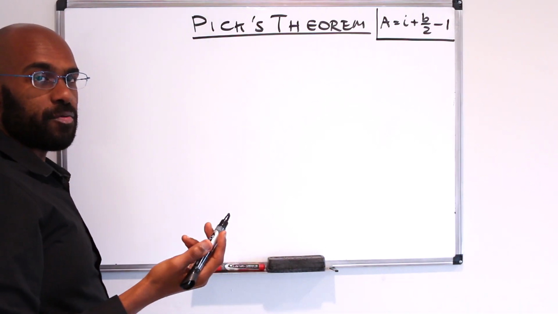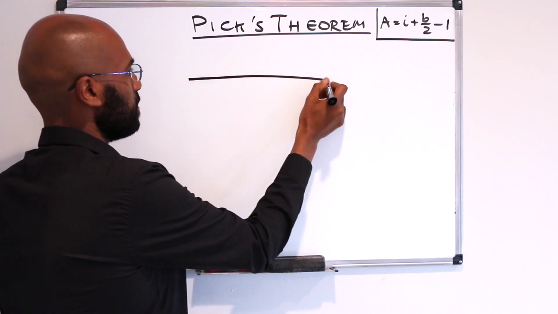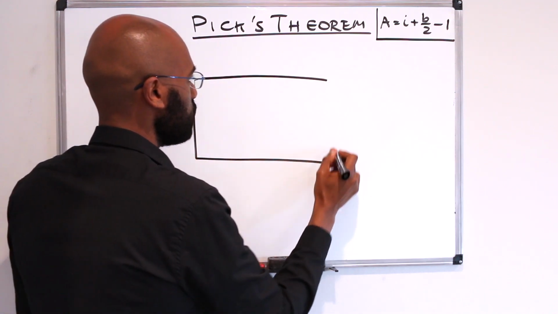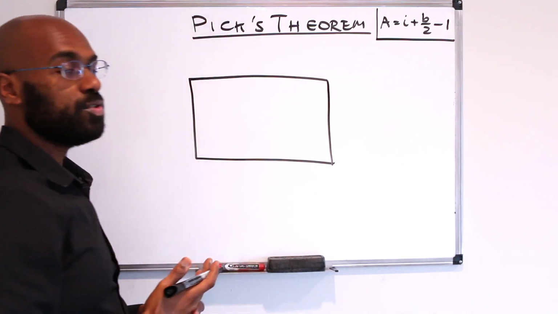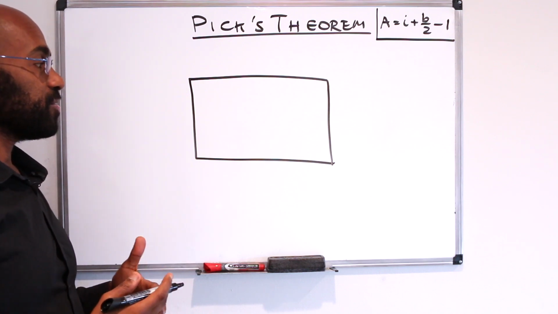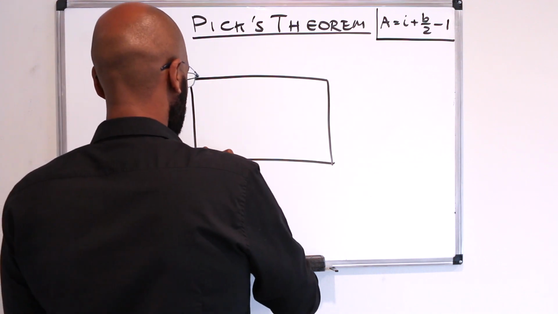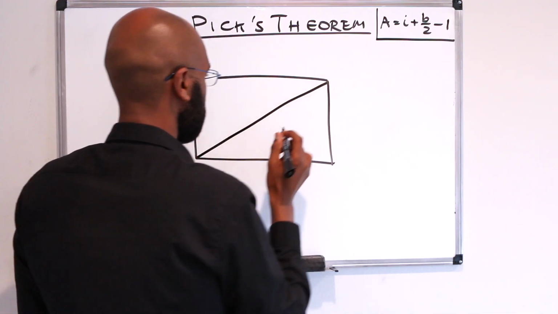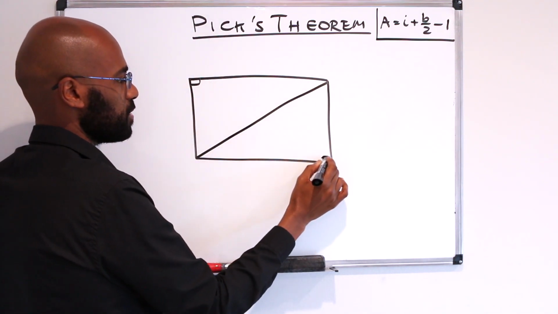Now that we have Pick's theorem for rectangles, what we can do is think about taking a rectangle and decomposing it, and then using Pick's theorem for the rectangle together with the decomposition to get Pick's theorem for other shapes. For example, we could cut this with this diagonal and get two right-angled triangles.